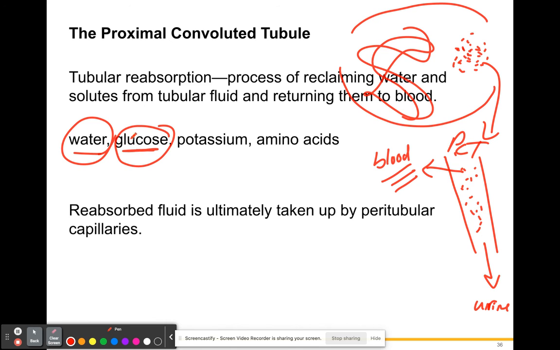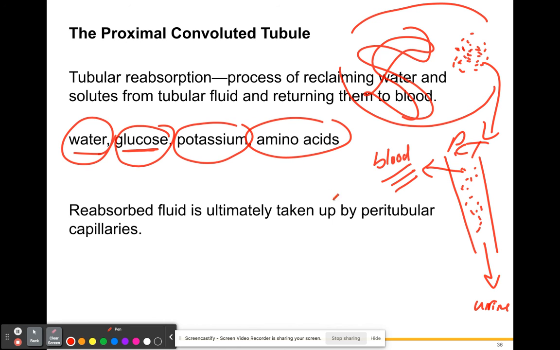That glucose is going to be used for ATP production to make energy. We don't want it to leave our body. Potassium. We want potassium in our bloodstream. This is going to help our skeletal muscles perform properly. We don't want potassium in our urine. Amino acids. We need them to build proteins in our bodies.